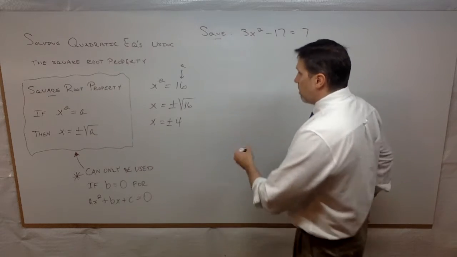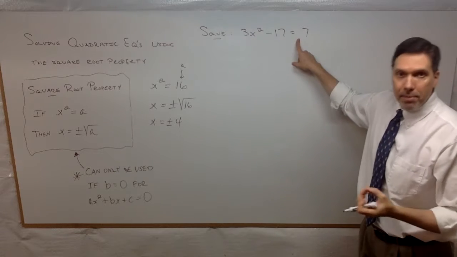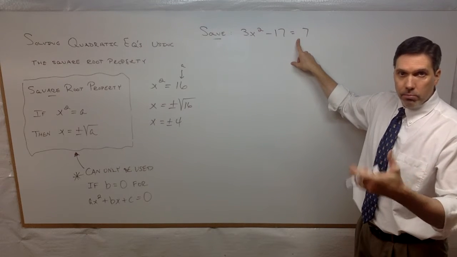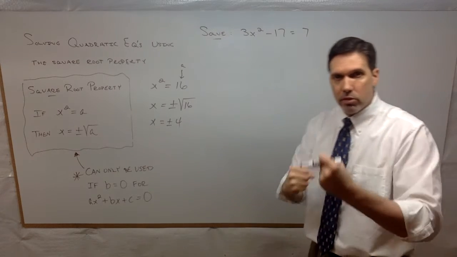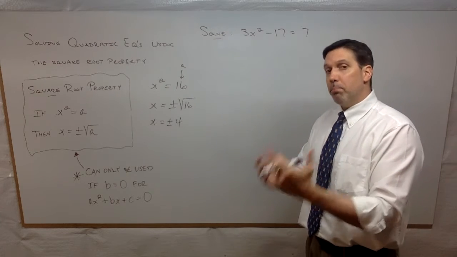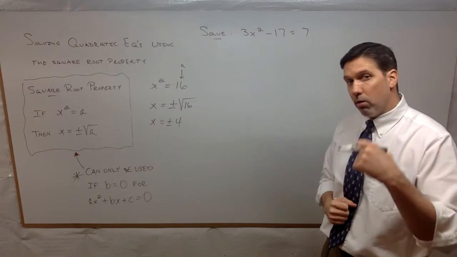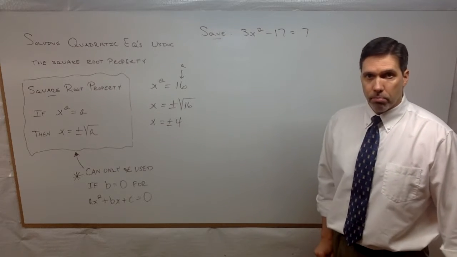So if I have something like this up here, notice I'm missing the x to the first term. There is no x to the first. Now you got two constants, but we could easily combine those when we start moving stuff to one side of the equation. That's not a problem, but you are missing that x to the first term. So if x to the first is missing, that is very good news. You can use the square root property.